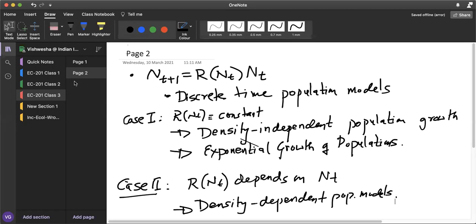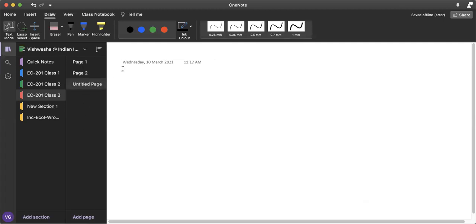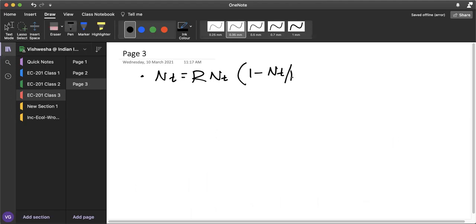Let us now move further. We considered this specific model last time: NT plus 1 equals R NT times 1 minus NT over K. This is called the logistic population model.